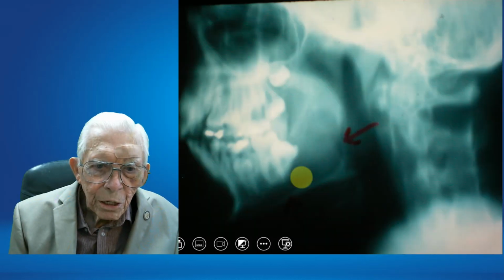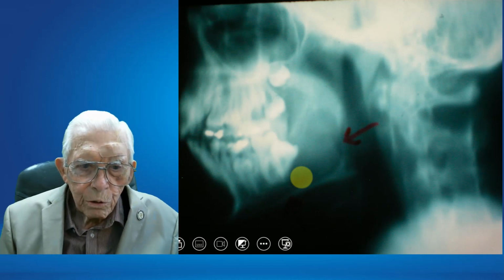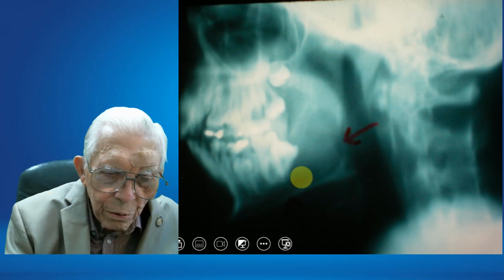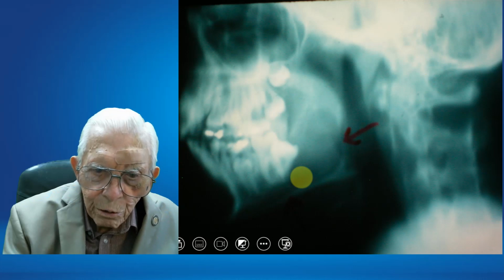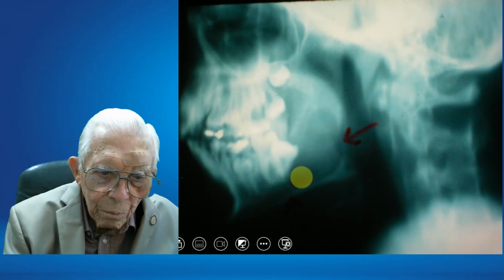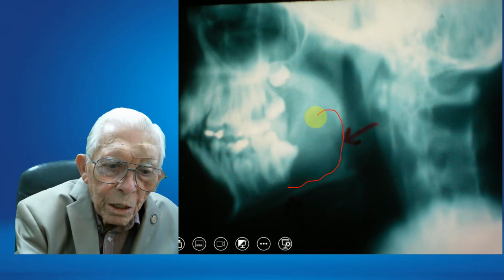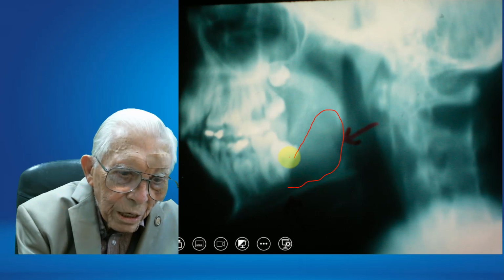Now you can see it plainer from this side. What I want to show in here is this cyst, even here in America, where they could be seen. If you x-rayed it, you would pick it up immediately. This is the wall of that cyst coming around like that. Now this is a second molar.